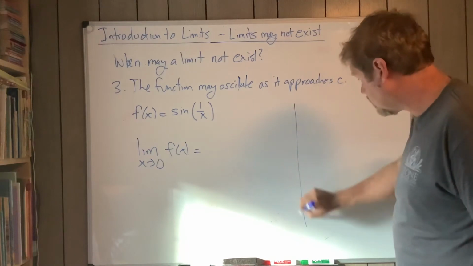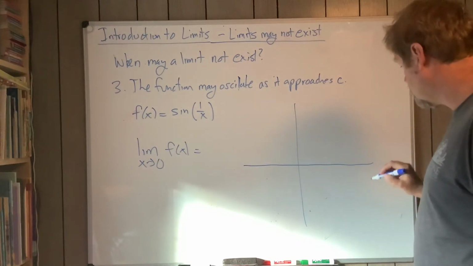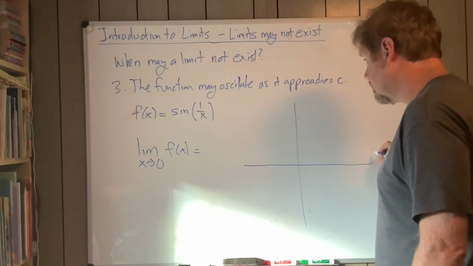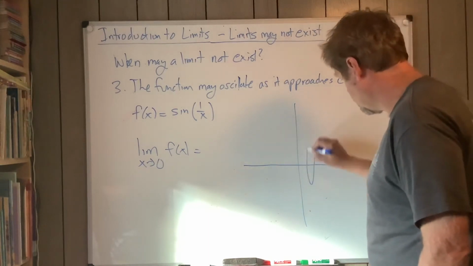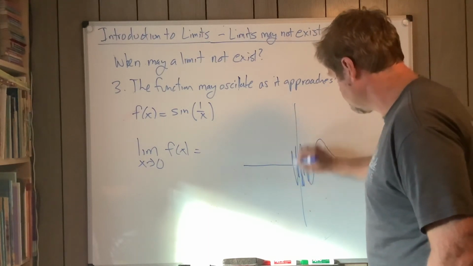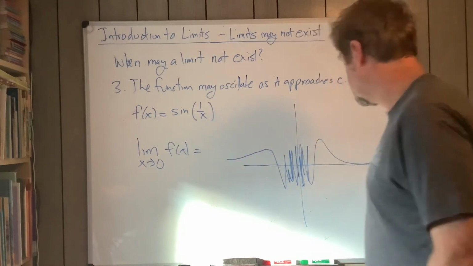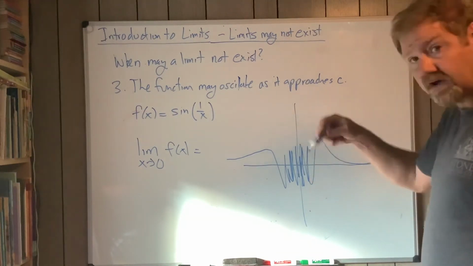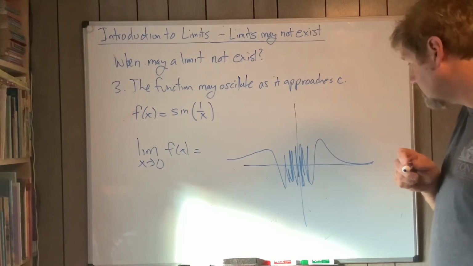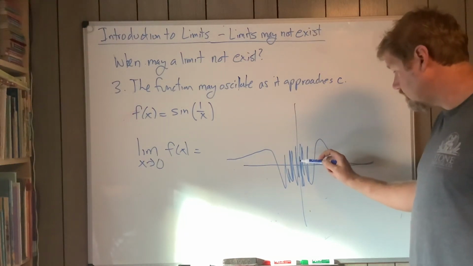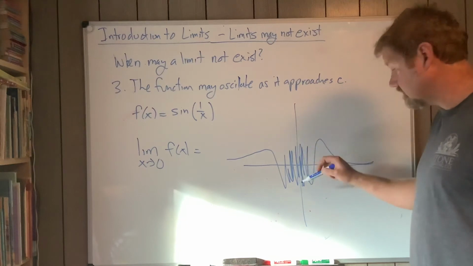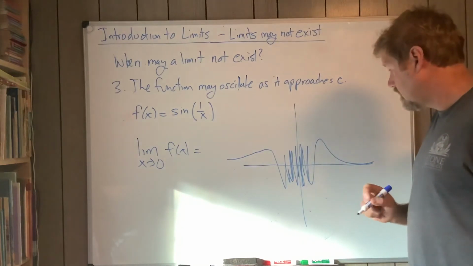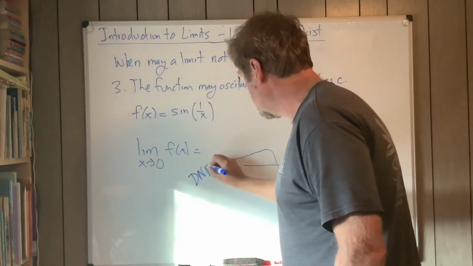This is one I would definitely pull out Desmos for. So basically what happens with this is something like this. And I may have some of the details wrong. But the point is, as you get closer and closer, it just oscillates faster and faster like this. So this is a really nice one. Try to go in, like take Desmos and kind of zoom in on this region and see what happens, and you'll see it doesn't actually reach a value. It just keeps oscillating. So this one is also a DNE.